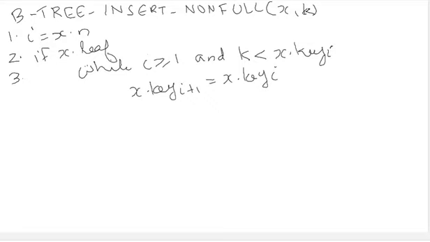When we come out of this loop, either i is equal to 0 or k is greater than or equal to x.key[i].